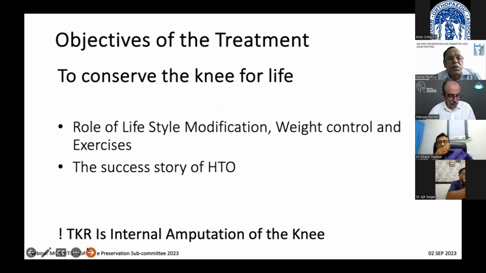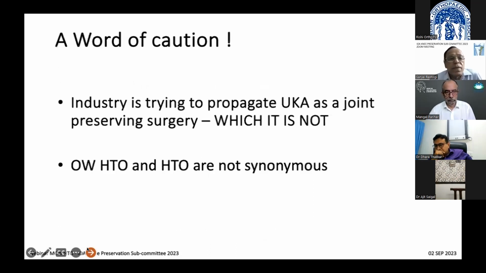The objective of the treatment to conserve knee is we have to understand role of lifestyle modification, weight control and exercises. And we have also learned about the success story of HTO. And we must remind ourselves that total knee replacement is internal amputation of knee.